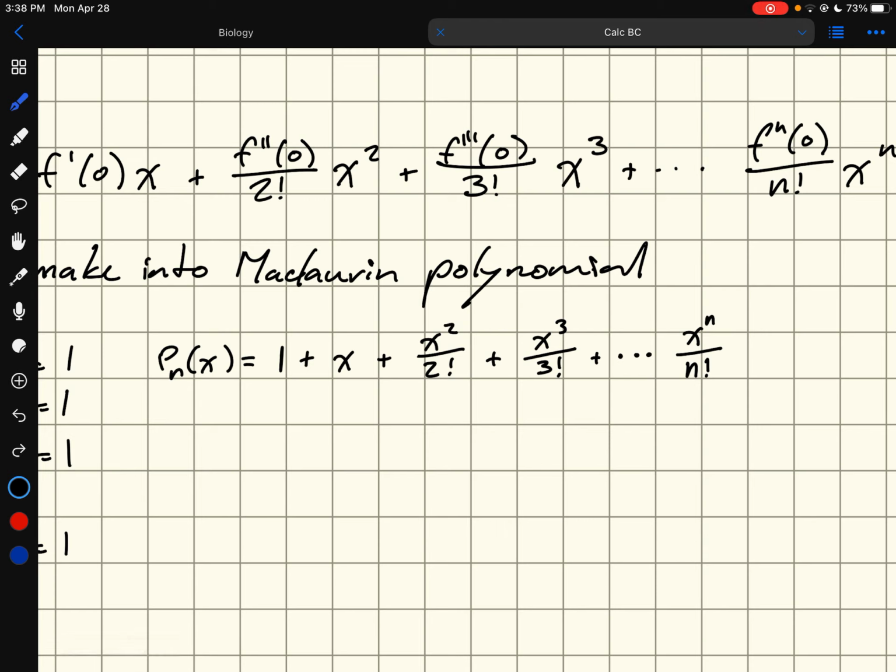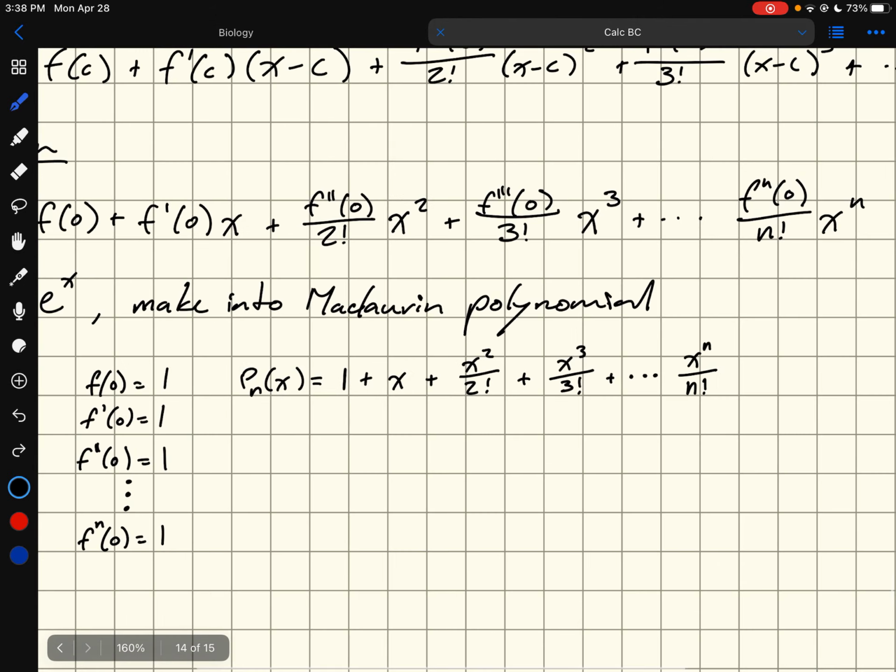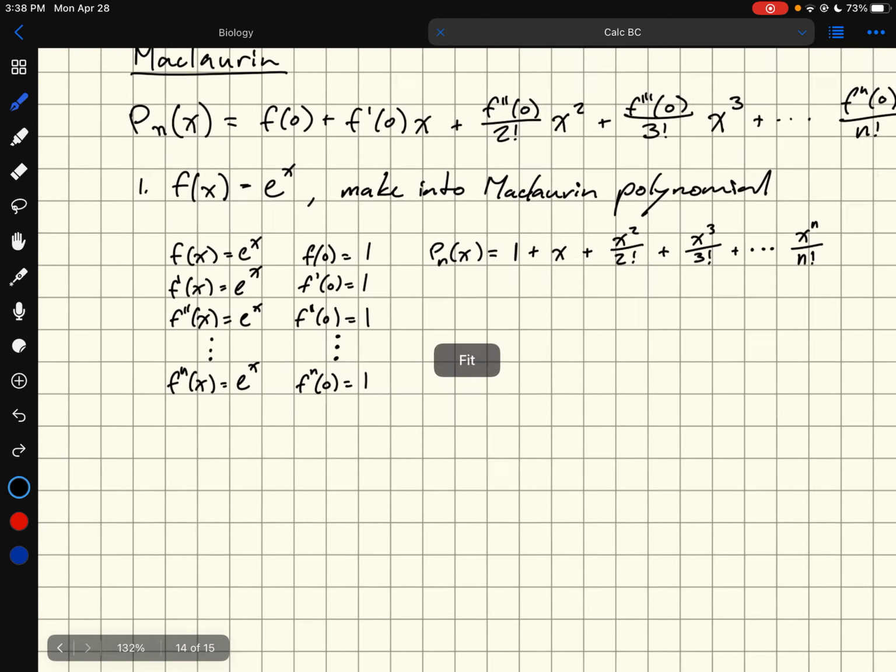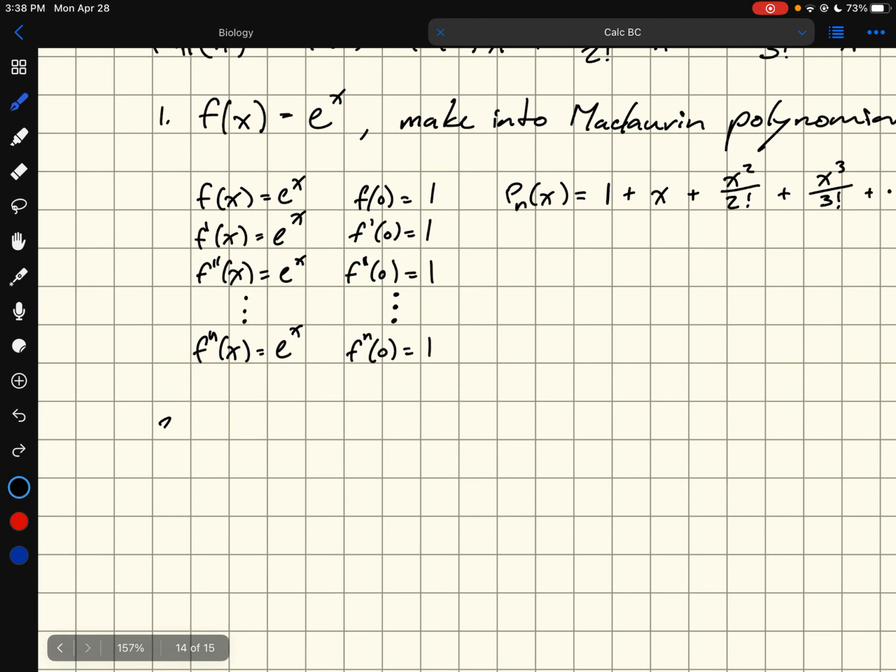Okay, let's do a different one now. So this one's going to be a Taylor polynomial. And then we have p sub 0, p sub 1, p sub 2, and I'm going to do p sub 4.